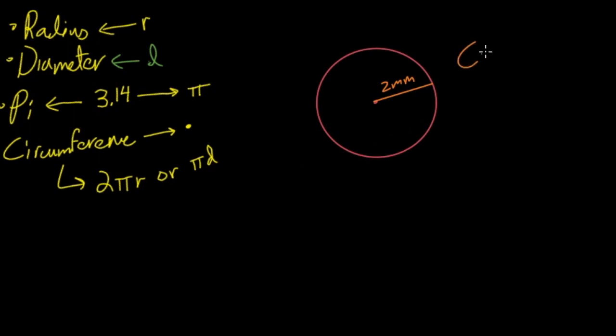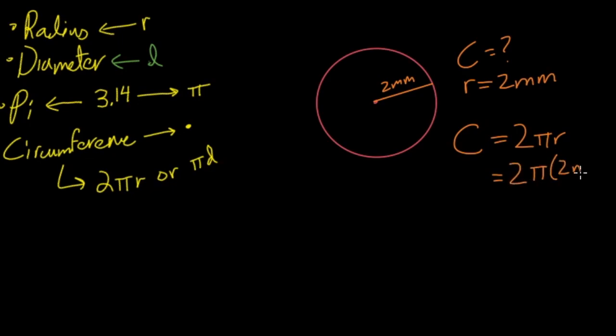What is the circumference? All you have to do is, again, c is equal to 2 pi r. Since r is equal to 2 millimeters, you can sub it in. So we get 2 times pi times 2 millimeters. Since pi is equal to 3.14, we multiply 3.14 times 2, and that gives us 6.28, like the last question.